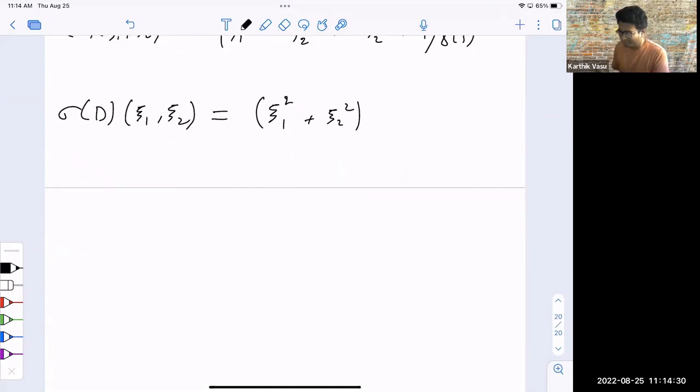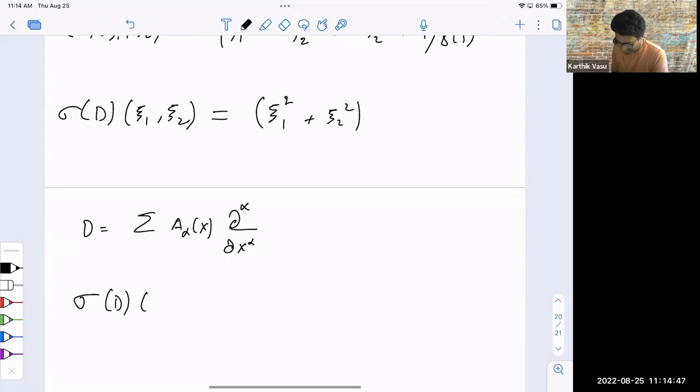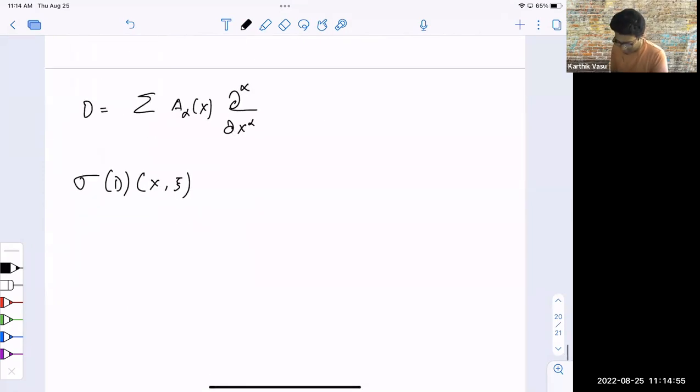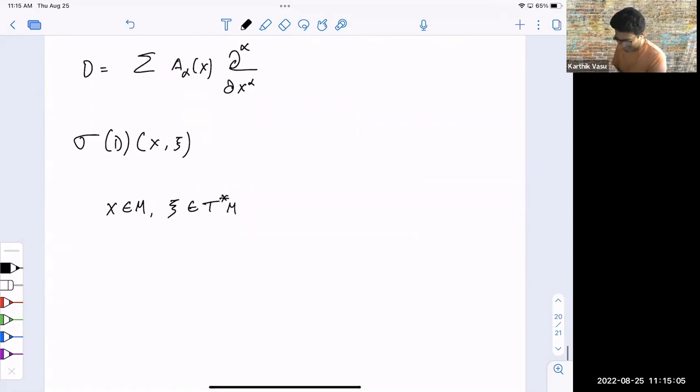So now on a manifold, locally my D looks like the sum of a alpha of x times d alpha by dx alpha. Now I will define my principal symbol. It will take two things. It'll take x and c, where x belongs to the manifold and c belongs to the cotangent bundle. Don't worry too much about this, it's for definitions.